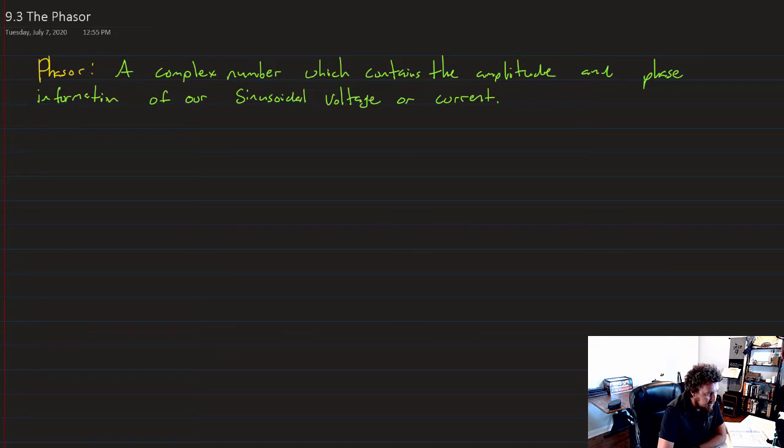So, phasor is a complex number. We'll talk about what that means. And it contains the amplitude and the phase information of our sinusoidal voltage or current.